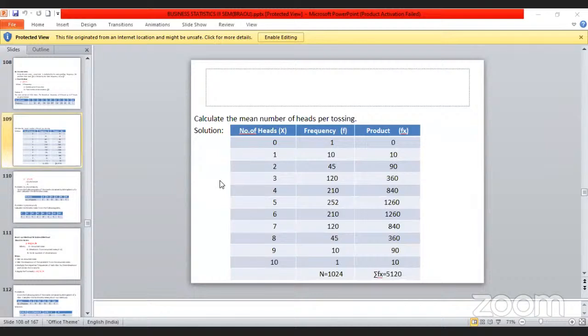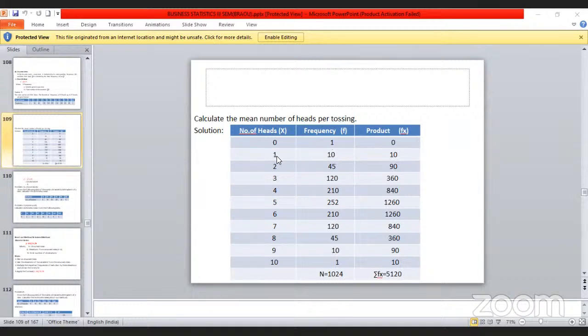Now we calculate the mean number of heads. Just now I told you that n is 1024 times the coin was tossed. So here, fx we have to find out. That is 0 into 1, 0. 1 into 10, 10.